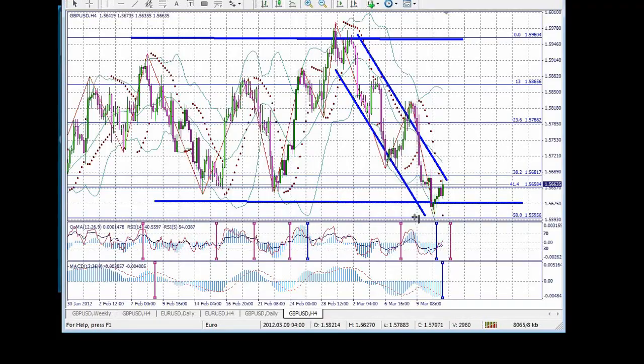I will put also the rest of the signals. Here was one sell. We have that one that started in this area.